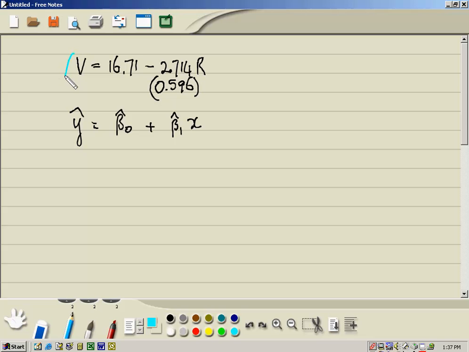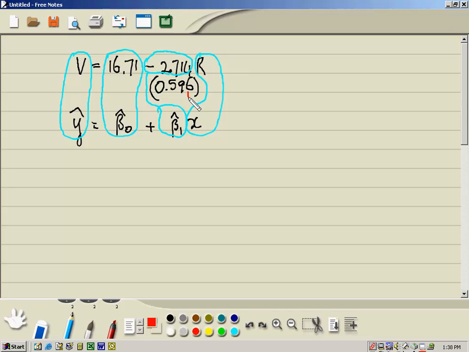So the V is the y variable. The 16.71 is the beta hat 0, the intercept. The negative 2.714 is the beta hat 1. And finally that R is the x variable.